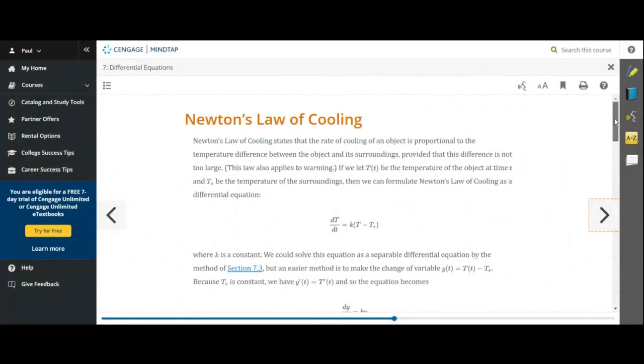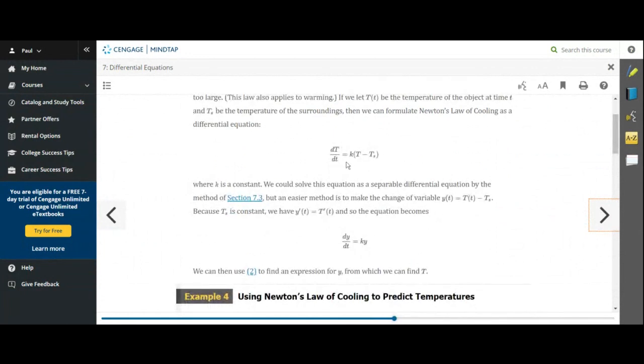Newton's law of cooling is dT/dt, where T is the temperature of the object at time t, and Ts is your ambient temperature. The rate dT/dt is proportional to the difference between the temperature of the object at time t and the ambient temperature of the surroundings.